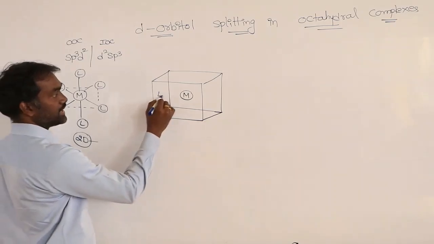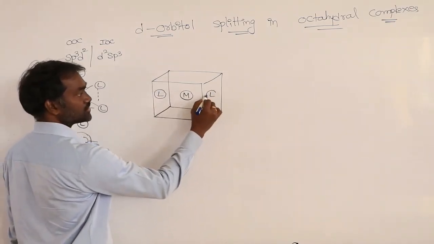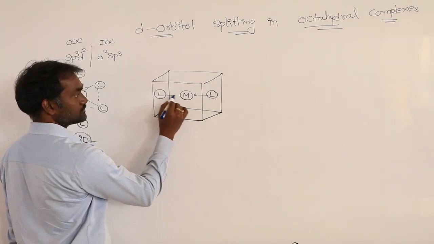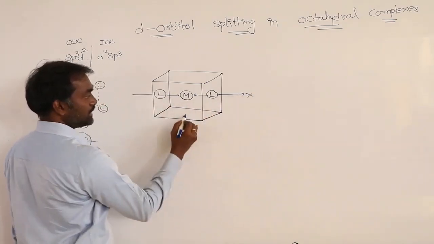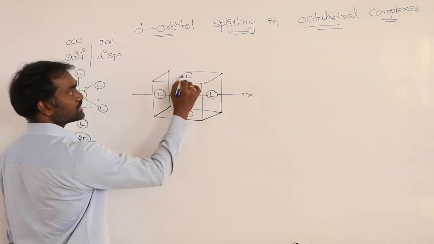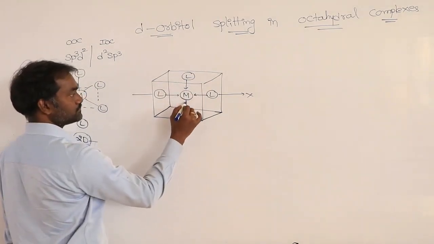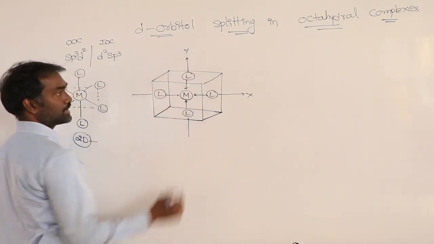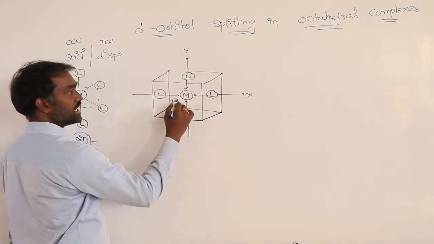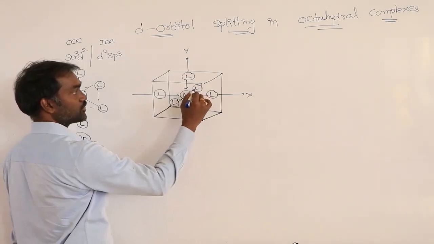Next, on the x-axis, two ligands are approaching. From the y-axis, two ligands are approaching the metal. Next, two more ligands on the z-axis are approaching the metal.